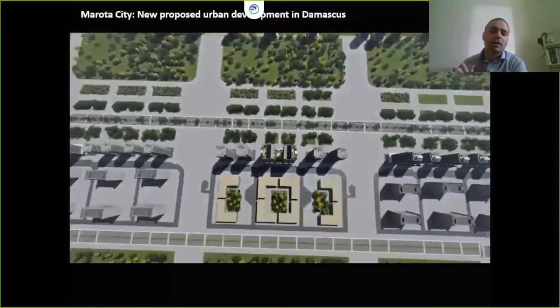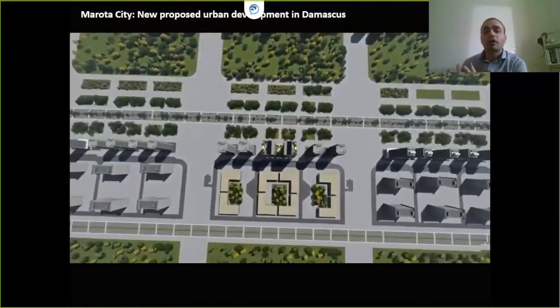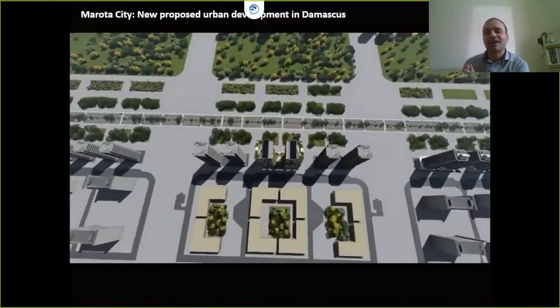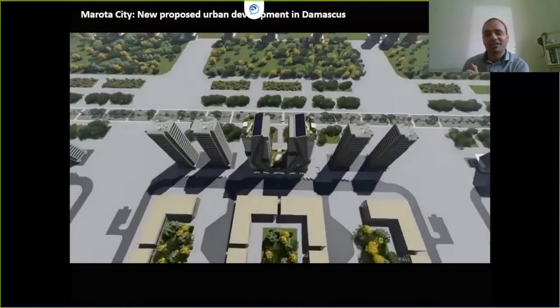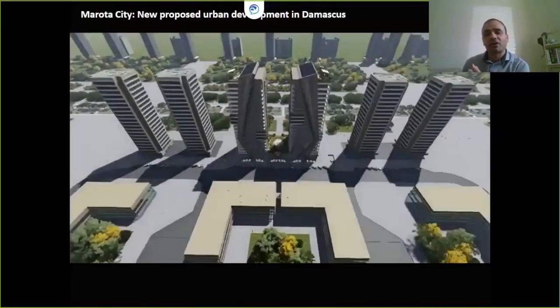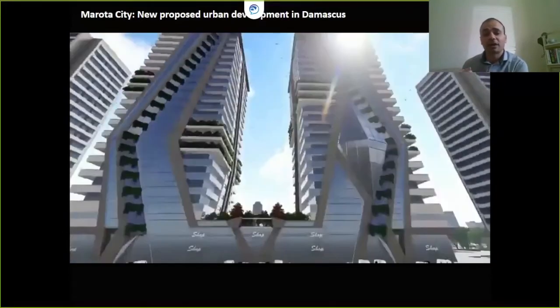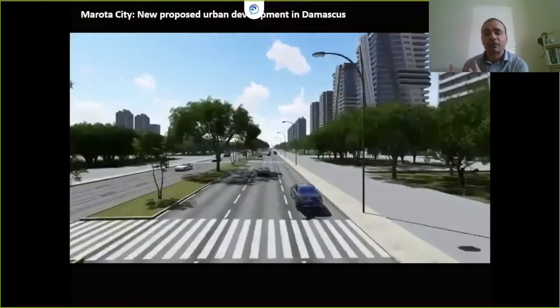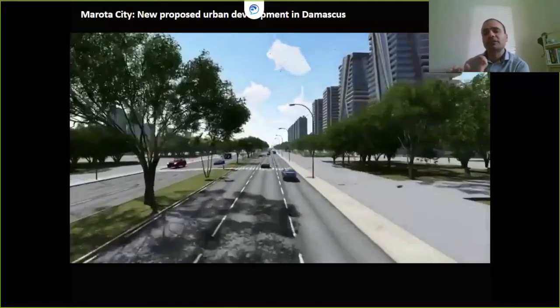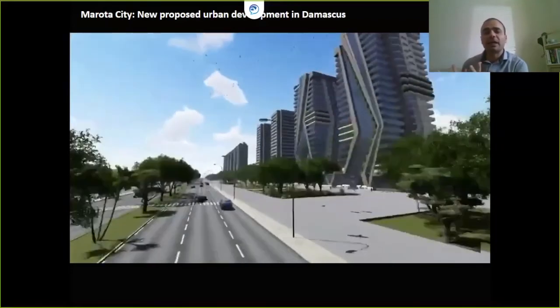Urban and architectural dimension, following more social segregation rather than social cohesion. So focusing on providing luxury or high standard architecture, but you can see from the small scale that it's basically segregated.